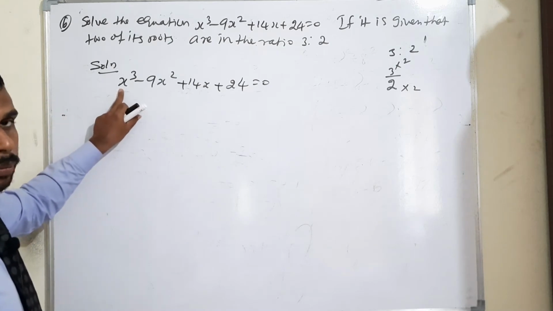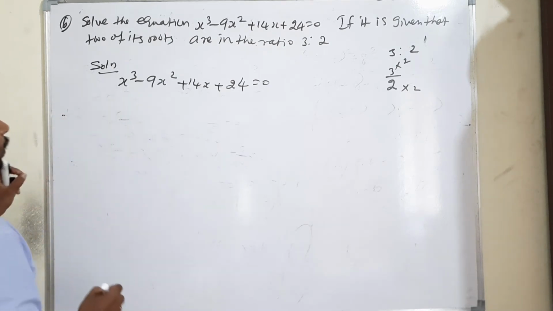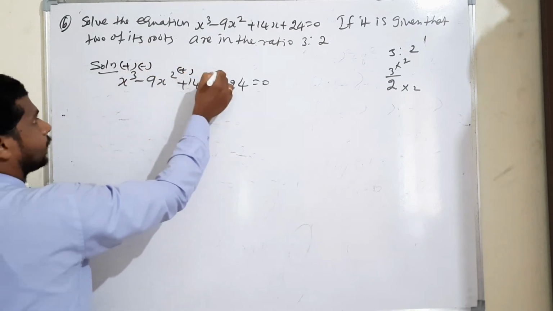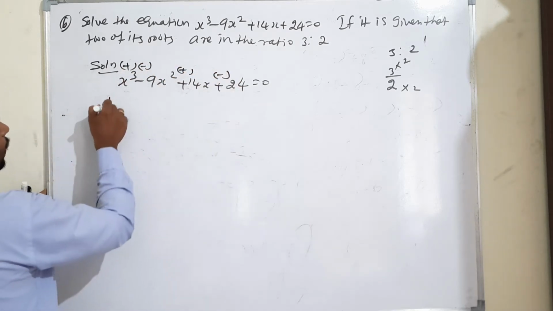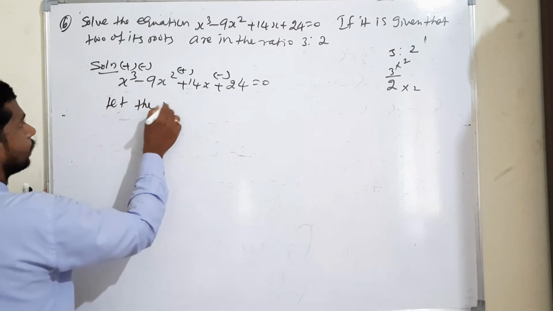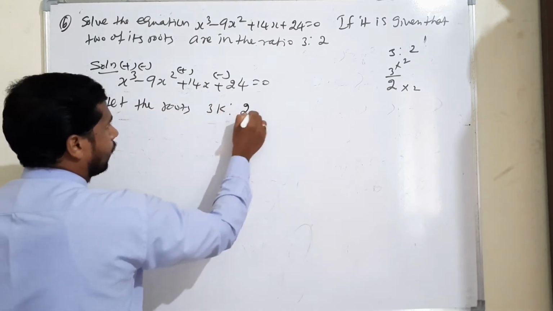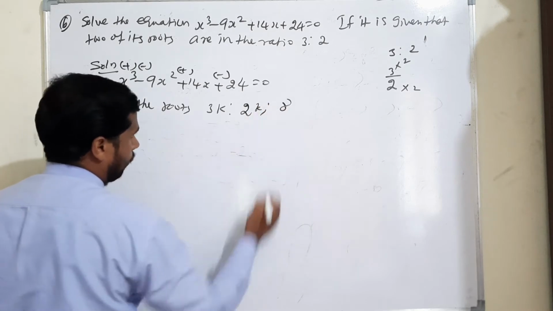It is already a monic polynomial, because the leading coefficient is 1. The signs start with plus, minus, plus and minus. So let the roots be 3k and 2k, and the last one gamma.